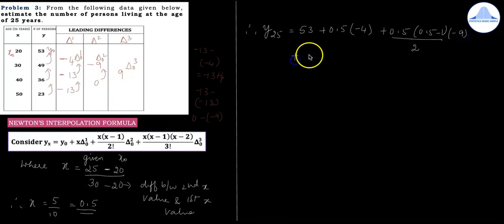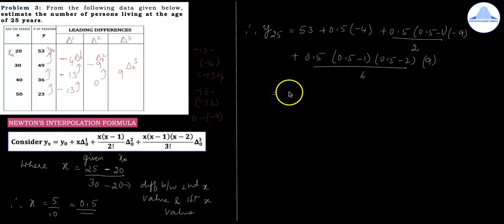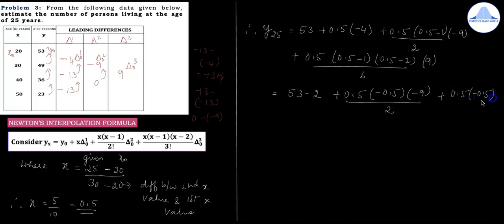Then plus 0.5 into 0.5 minus 1 into 0.5 minus 2 divided by 3 factorial is 6 into 9. So this is equal to 53 minus 2, then plus 0.5 into minus 0.5 into minus 9 divided by 2, then plus 0.5 into minus 0.5, then you will get minus 1.5 into 9 whole divided by 6.